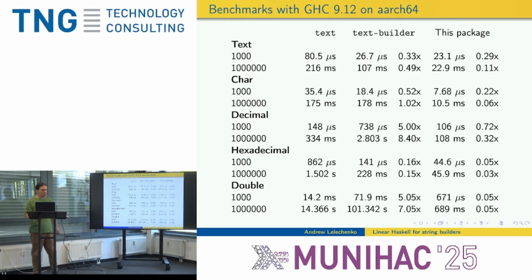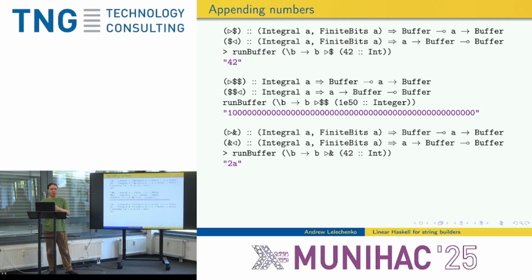And it seems that performance is actually quite good. I'm not sure why. Maybe I'm benchmarking it wrong. One cheap trick which I employed here is that in this column I'm benchmarking the linear interface, right, which is with linear arrows, which is the buffer interface.